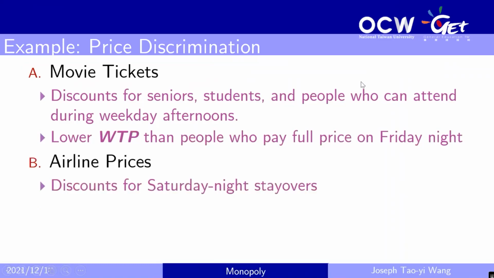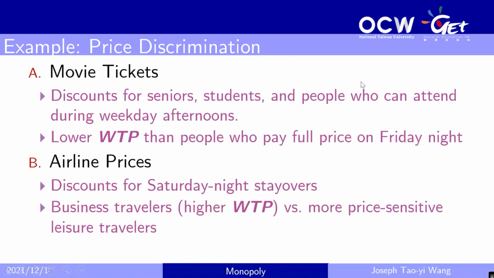Similarly, for airline tickets, of course now with COVID we don't have that much air travel, but if somebody is going to stay over Saturday night, it's likely that he's a vacation traveler compared to a business traveler, who has a higher willingness to pay because the company is paying for the business trip, but he's not going to stay for the Saturday because he goes home for weekends. So if I observe that this round trip ticket is purchased by somebody who's staying over Saturday, the airline companies can give those vacation leisure travelers a discount.